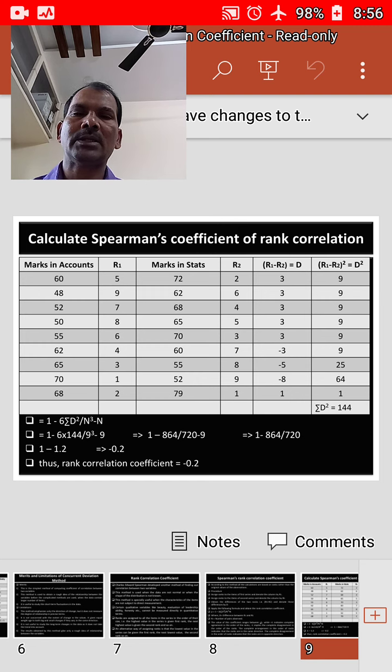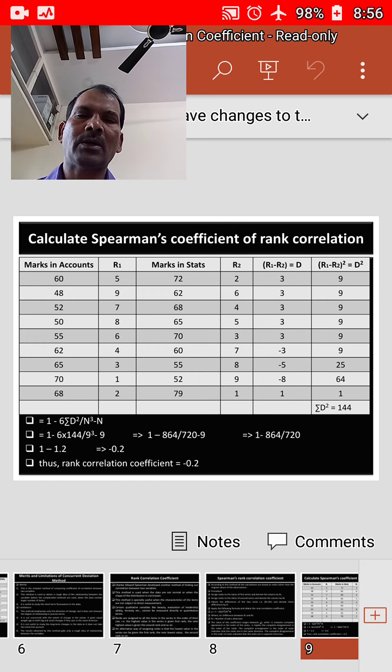Marks in statistics are also given: 72, 62, 68, 65, 70, 60, 64, 55, 52, 79. We need to find out the terms which are required to calculate the Spearman coefficient of rank correlation, that is R1, R2, and D, and we also require D square, right?